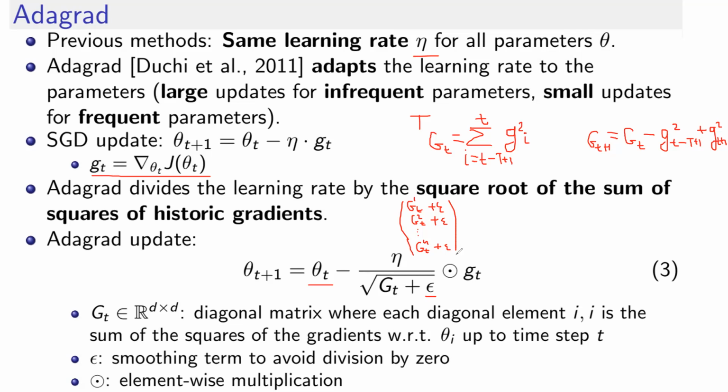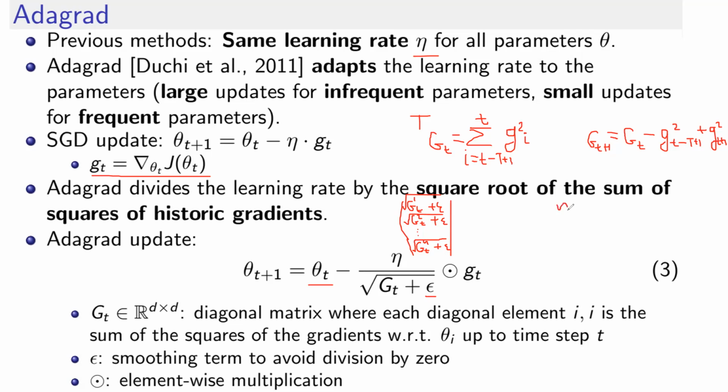We take the square root of the first component, the square root of the second component, and so on. So that's how it goes. Now we divide eta by each of them, so we will get a vector as well.